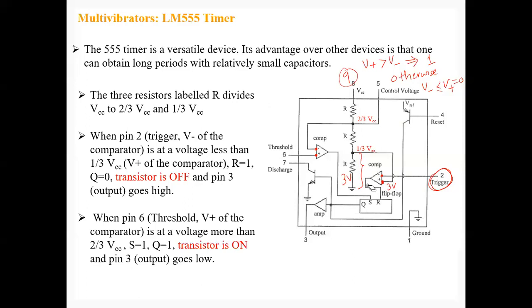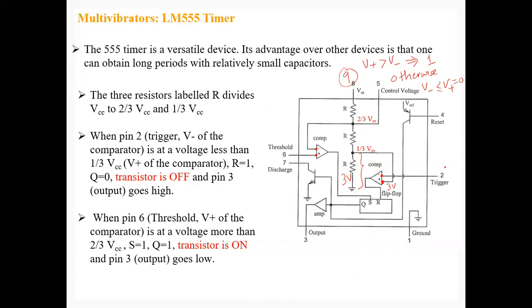What is the question I asked? When the voltage here is less than 3, that's what I'm asking. Meaning when B minus is less than 3, B plus is already 3. What is the output of this guy? Let's say, less than 3, I just give you a number, okay?